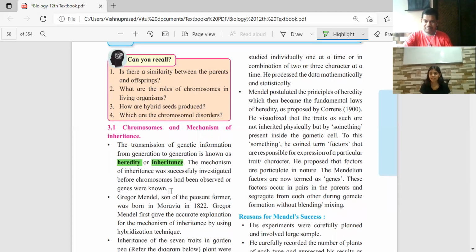But there is a transmission of characters from one generation to another. That is called heredity or inheritance. The mechanism of how this inheritance takes place is complicated when it comes to sexual reproduction, and it is very simple in the case of asexual reproduction.